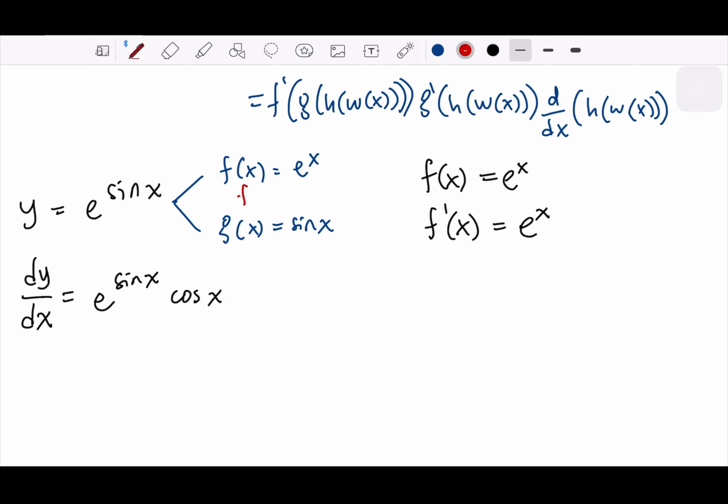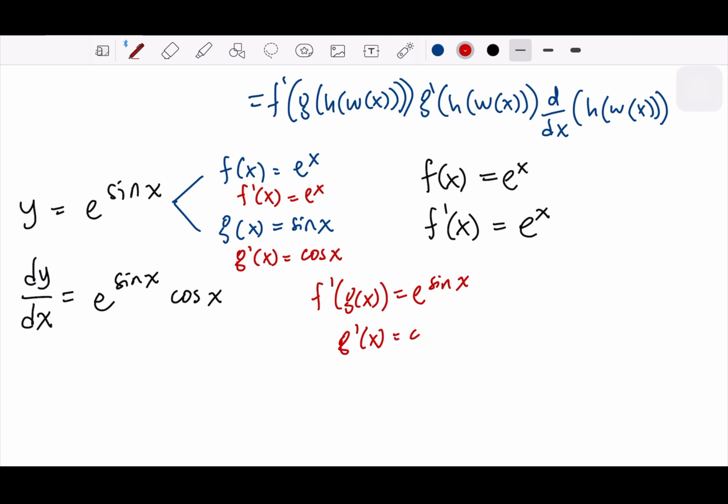Because the f prime is still e to the x, and the g prime is cos x. So f prime of g of x is e to the sine x, and g prime is cos x. So we just need to multiply these.